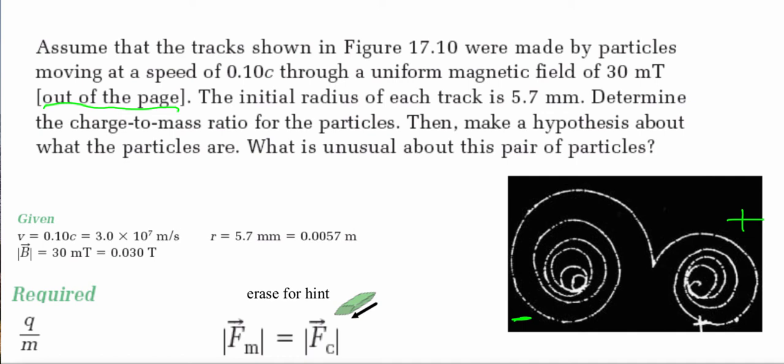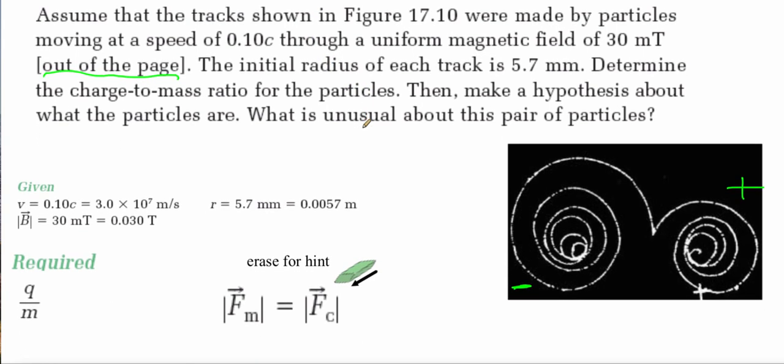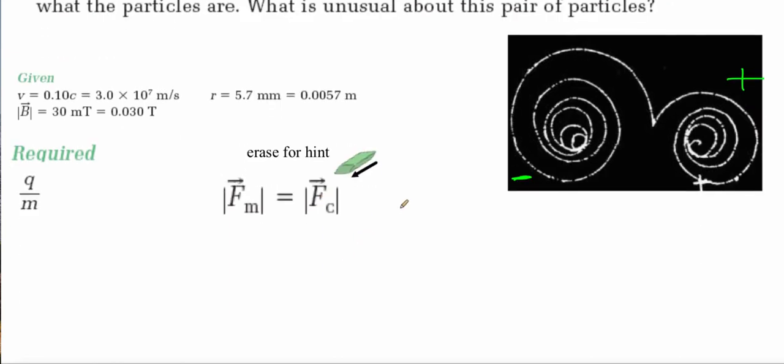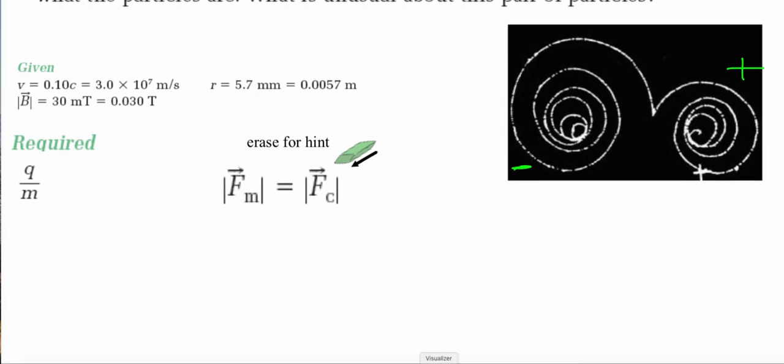So very similar to our calculations done with J.J. Thomson, where we had my magnetic force is equal to my centripetal force. So now I want to rearrange these formulas when I plug them in so I get my charge to mass ratio. So we know the force of my magnetic field is equal to my magnetic field multiplied by my charge multiplied by the velocity, which are all perpendicular to each other, which now is equal to my centripetal force, which is equal to mass times velocity squared divided by my radius.